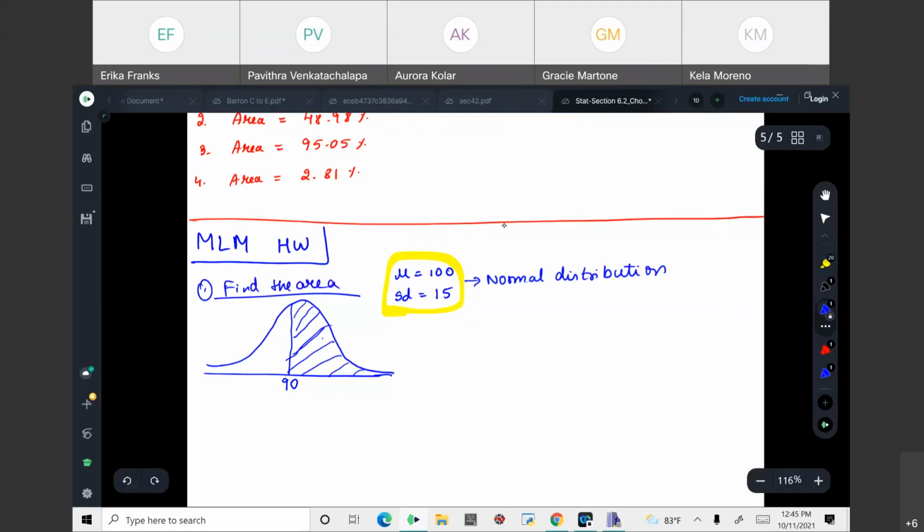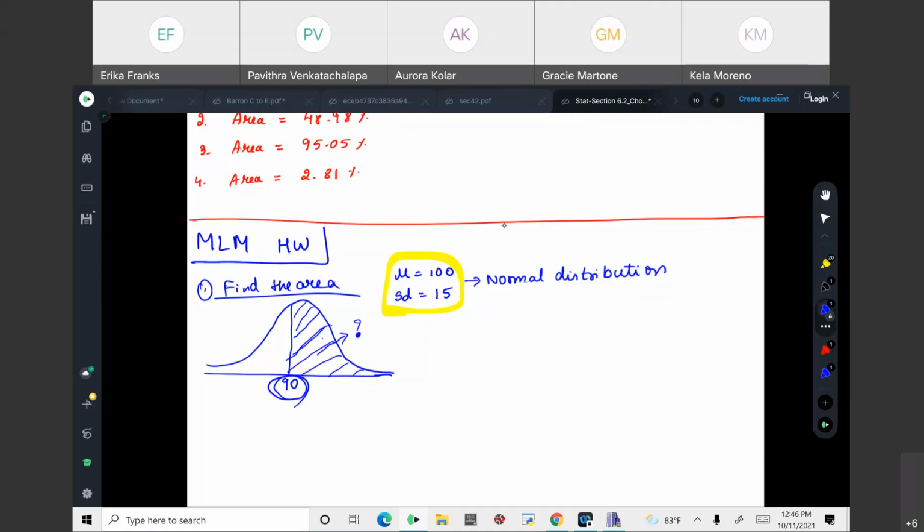Now, for this problem, they're asking you to find the area. I'm not writing any value here. I'm not indicating the value. So I'm supposed to find the area, that means the value of the arrow mark. So what is given then? If you are asked to find the area, that means the given information is definitely the score.